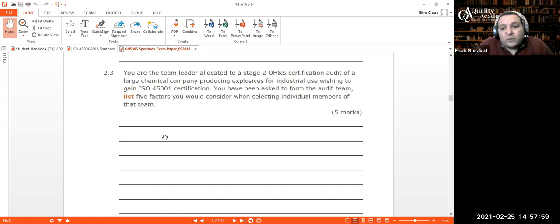They know ISO 45001, so they are aware of the criteria. Geographical location, they are not far from the place of the auditee. Language, they understand the language of the audit. Conflict of interest, there is no conflict of interest between them and the auditee. These are 5 issues.